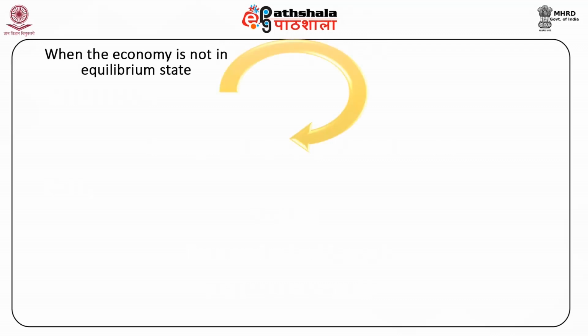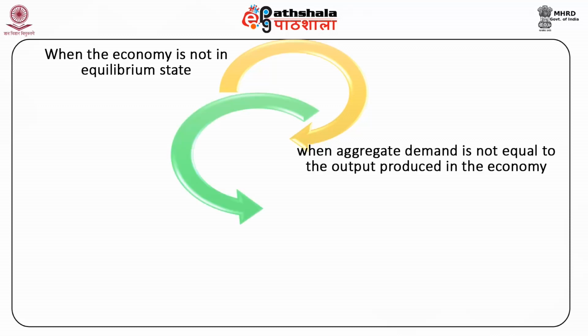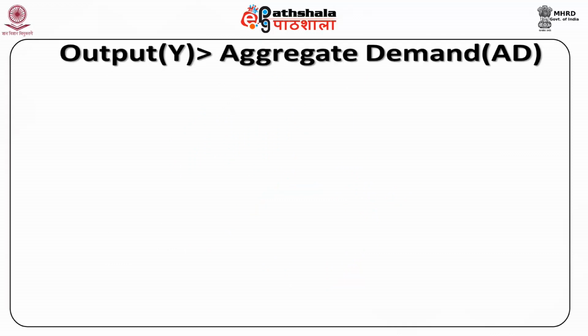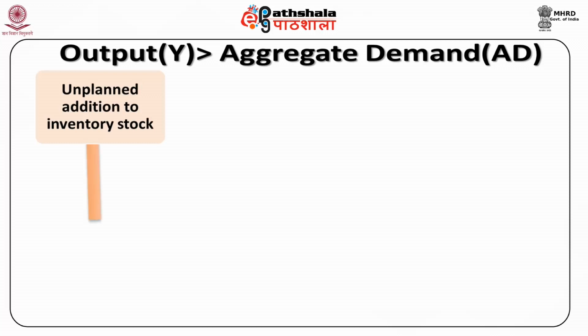When the economy is not in equilibrium, that is, when aggregate demand is not equal to the output produced in the economy, then there is an addition or reduction in unplanned inventory stock, IU. For instance, if output is greater than the aggregate demand, then there is unplanned addition to inventory stock, or inventory investment takes place.